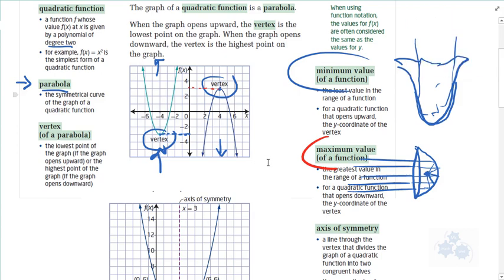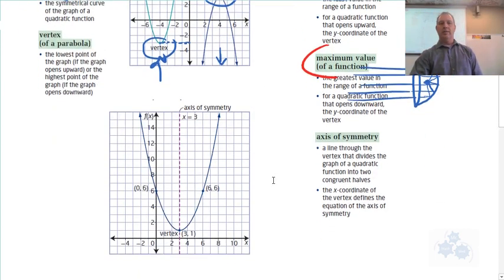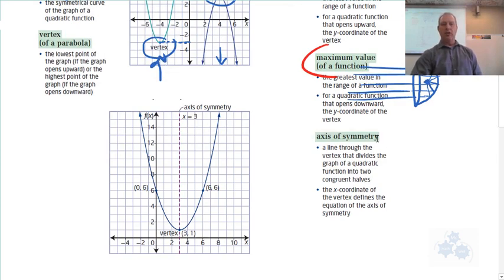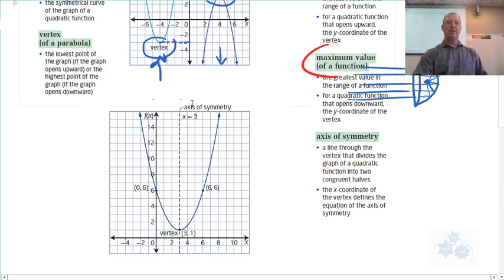All right, now another main thing that we need to talk about is the axis of symmetry. When we're looking at a parabola, I don't know if you've noticed this yet, but there is a vertical line that passes through the vertex that would be a line of symmetry. That's important when we're sketching, and also important to do certain calculations and to get information. The axis of symmetry is what that line is called.